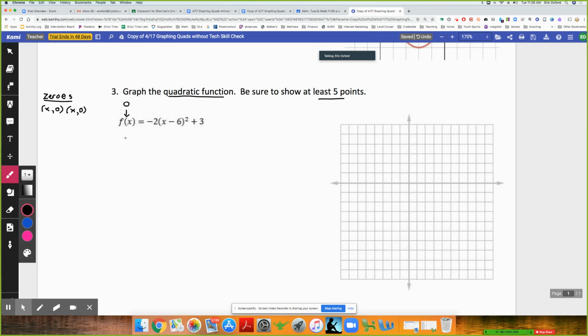And so we will rewrite this as 0. And remember, the reason is because this vertical axis is f of x, and this horizontal axis is your x-axis. And when your f of x equals 0, you're down here at 0.